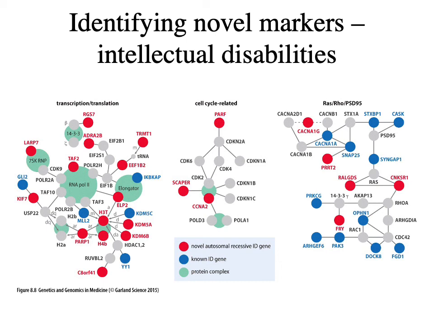In a single exome sequencing study, 50 novel genes were identified for recessive intellectual disability. The novel genes were predicted to encode components of protein and regulatory networks that had been implicated by studies of known genes for intellectual disabilities, including the transcriptional translational network, the cell cycle related network, and the RAS-Rho PSD95 signaling network.